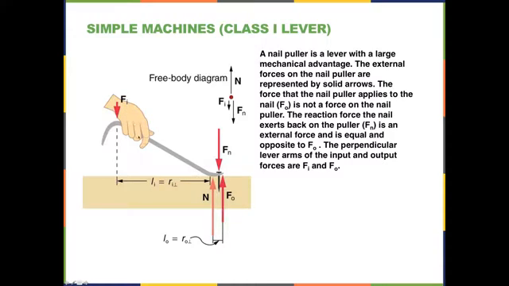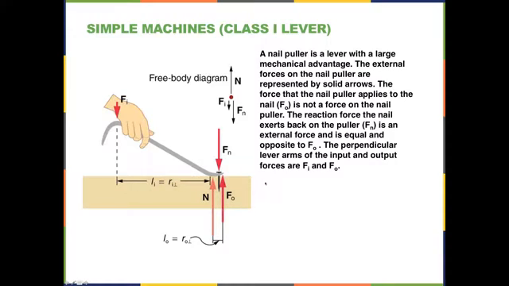So Fi is the input from the person's hand, and Fo is the output from the pry bar, and N is the force holding the nail in, and this is the normal. The distance to the output is from here to here, and the distance to the input is from here all the way over to here.